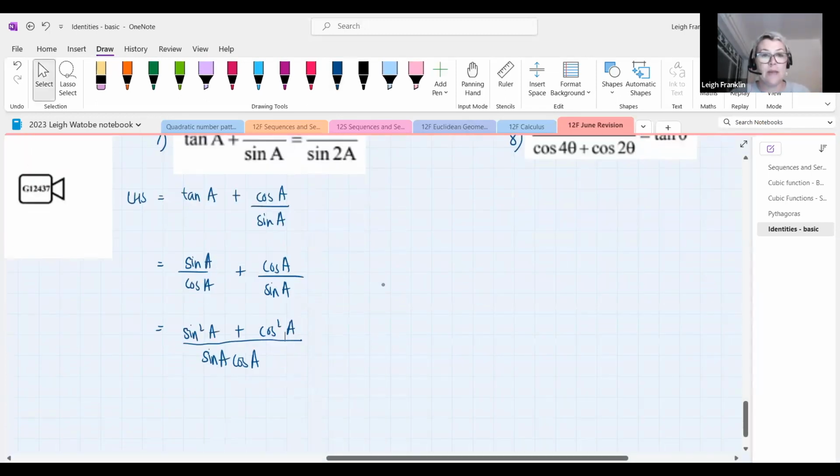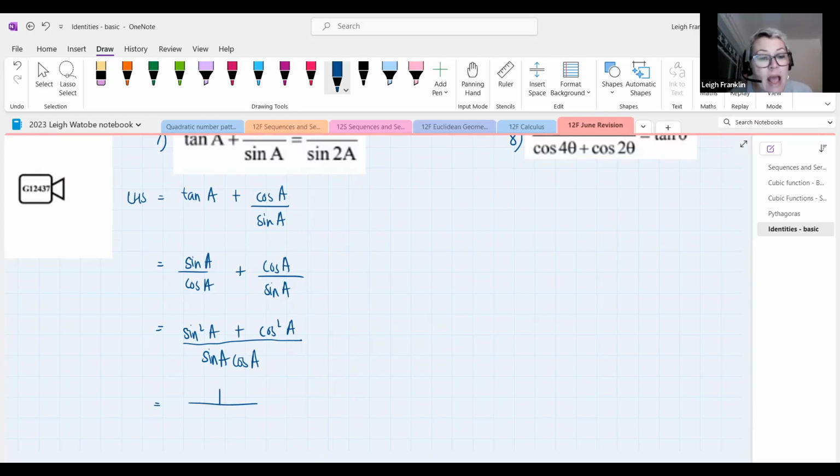Did we all have the same thing? Okay, excellent, Sisipo. Now we know that sine squared A plus cos squared A is 1, like Sandisiwe was telling us, and we have now got sine A cos A at the bottom.